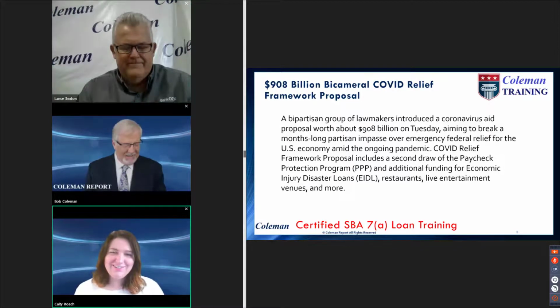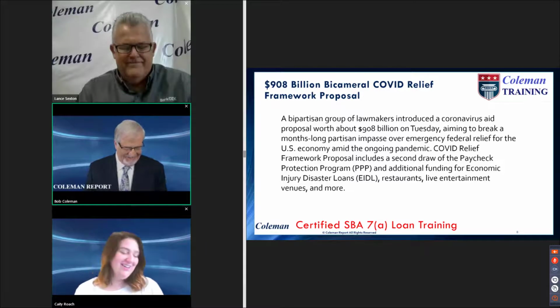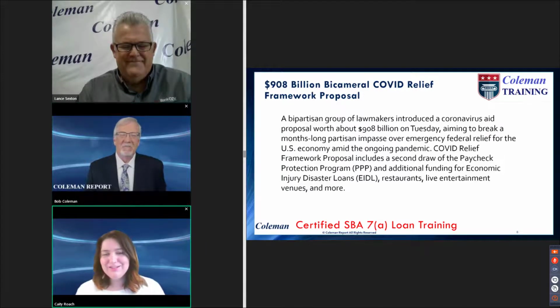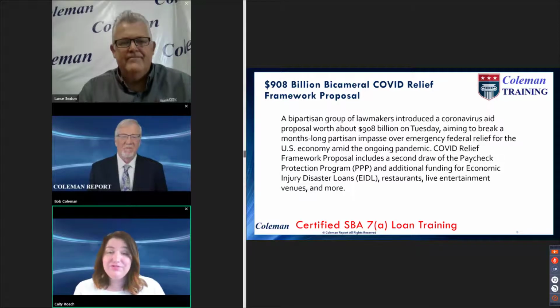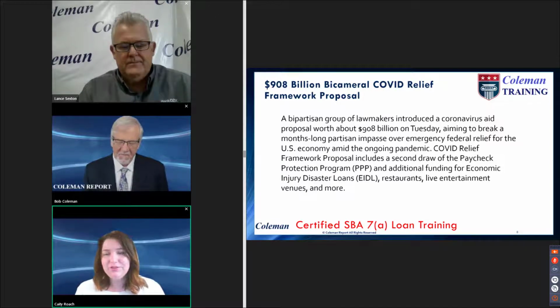The stupidity. Oh, yeah. Basically, this is trying to push for more funding for COVID relief. It's not just for PPP, but there's also a pretty significant list of other things that are getting funding. This is part of a larger bill.